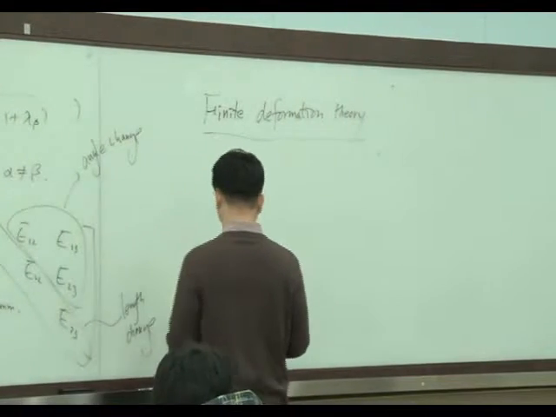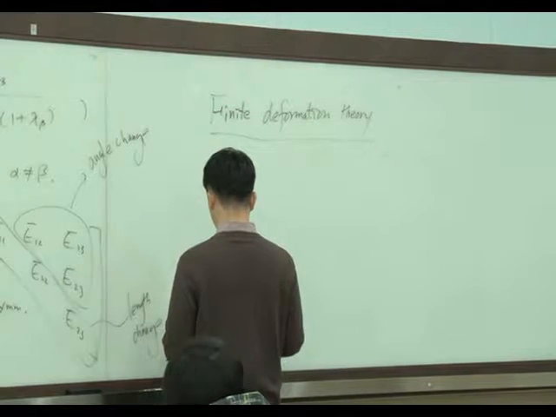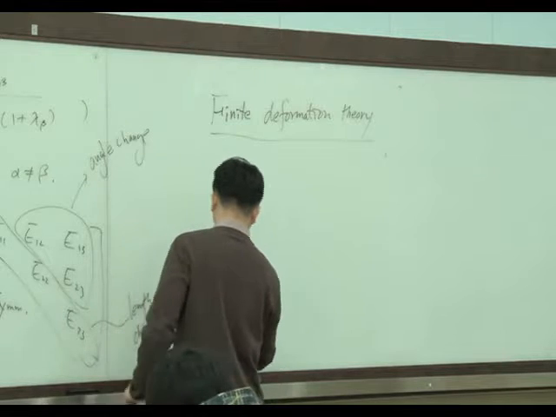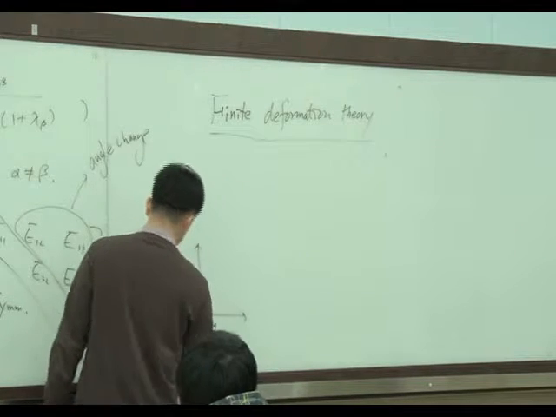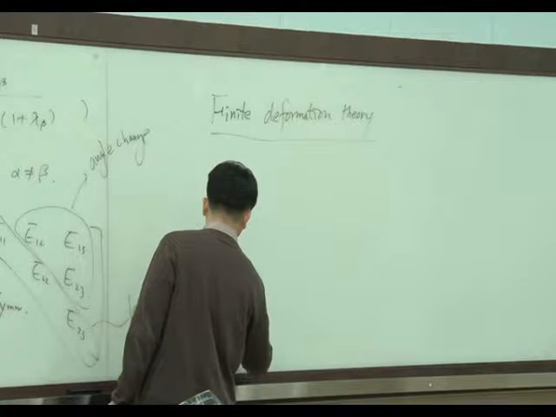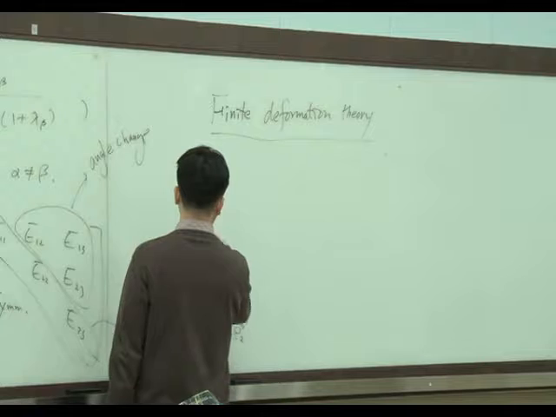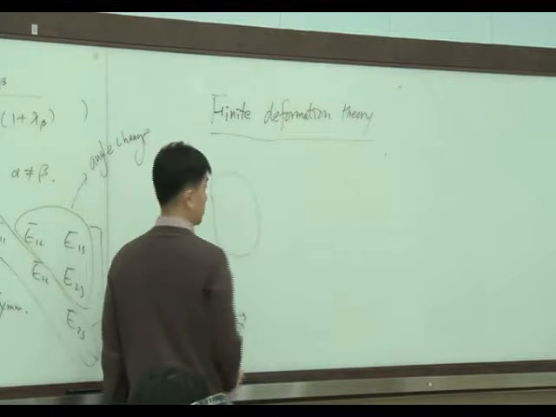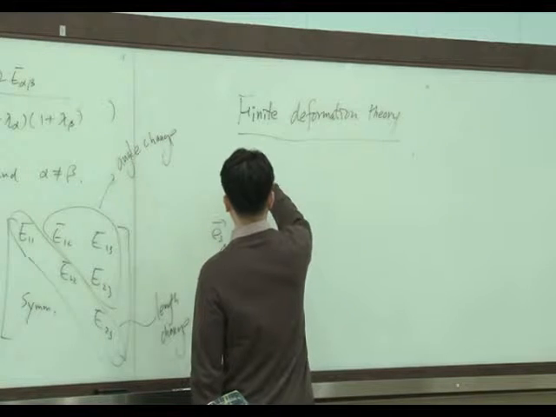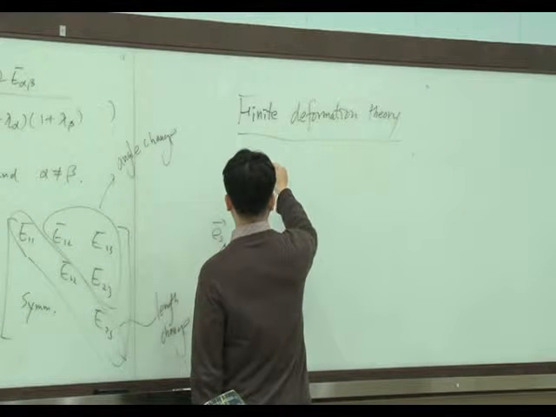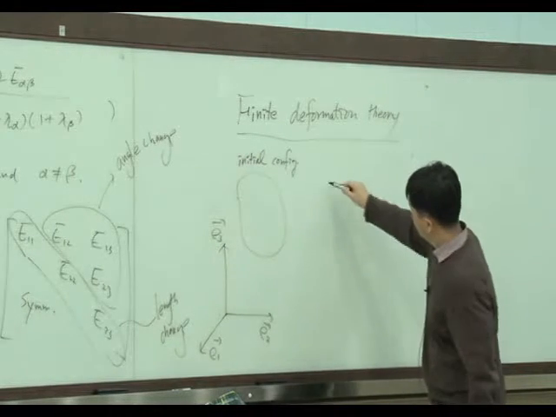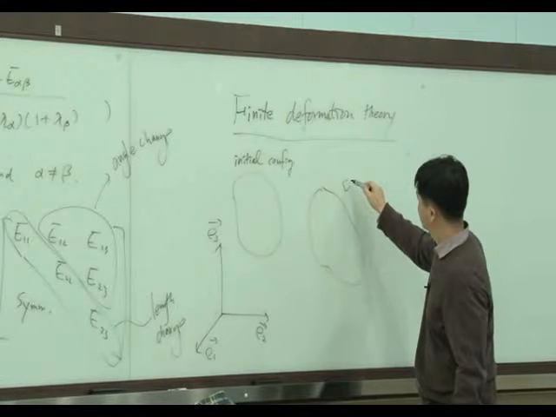Now let me think about displacement. So again, we have a Cartesian coordinate system, E1, E2, E3. And we have an initial body, initial configuration, and current configuration here.